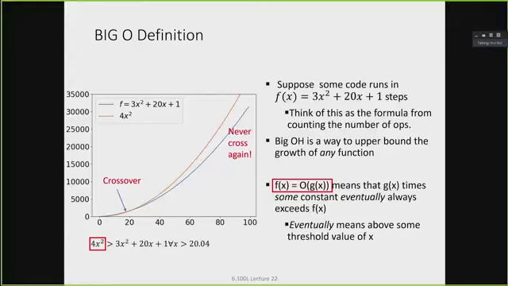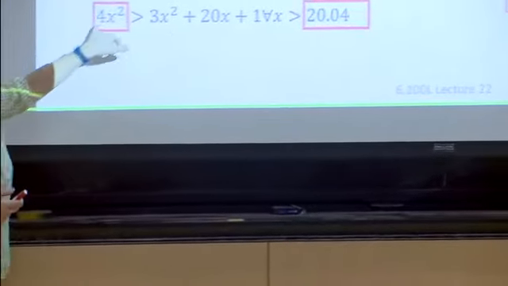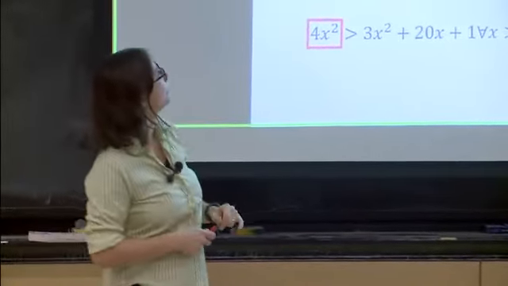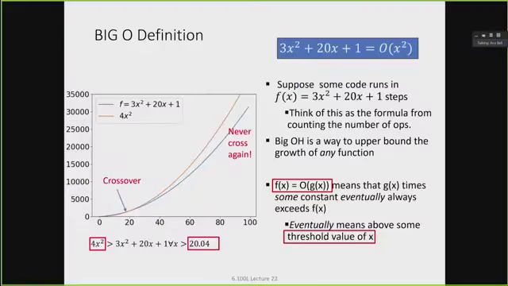Because this 4x squared is always greater than my function for all x greater than this crossover point here. Right? That's it. That's the definition, right? So the g here is basically this function without the multiplicative constant in front of it. Okay, so I say 3x squared plus 20x plus 1 is big O of x squared.